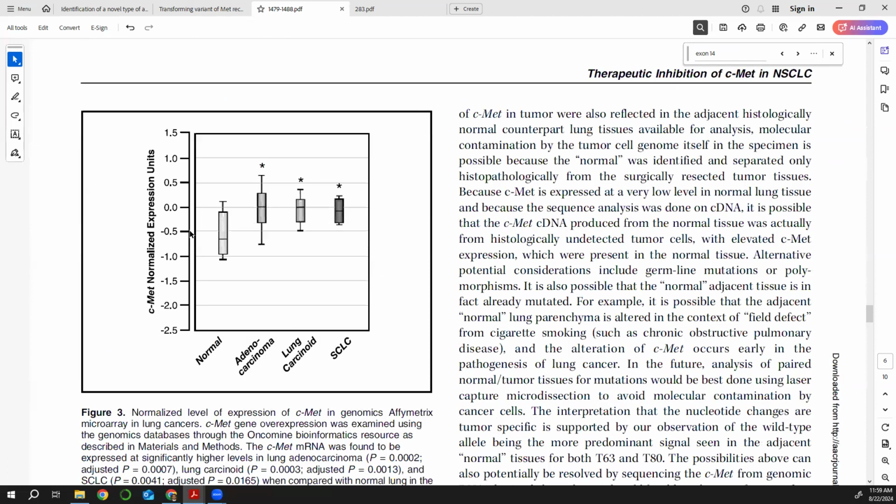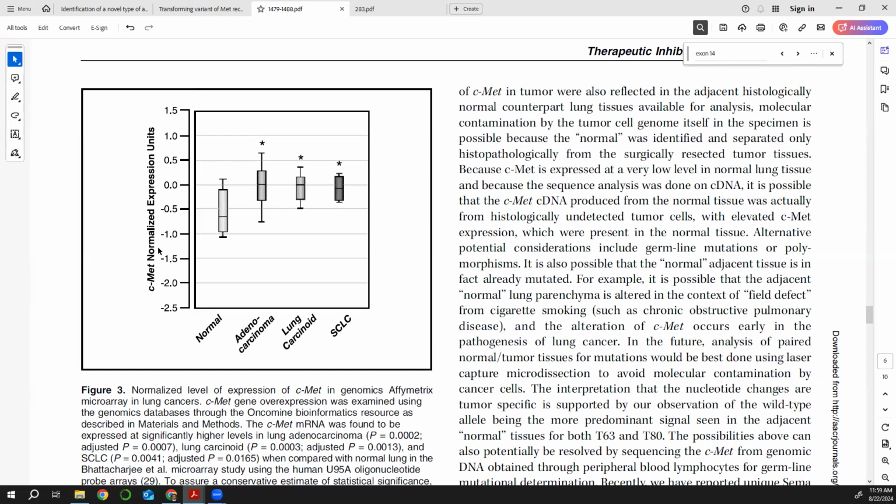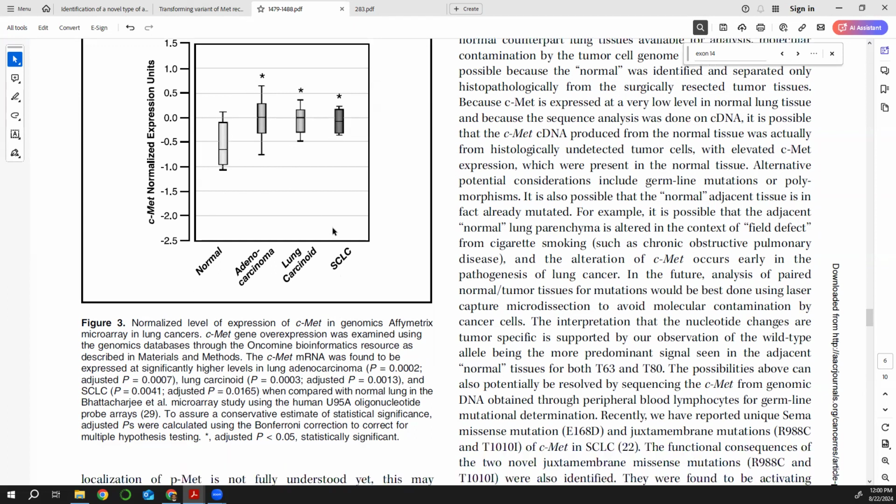So moving on here, this is looking at MET expression that has been evaluated in various lung cancers, and this is in normal tissues versus adenocarcinomas, lung carcinoids, and small cell lung cancer. They are all significantly overexpressed compared to normal tissues.